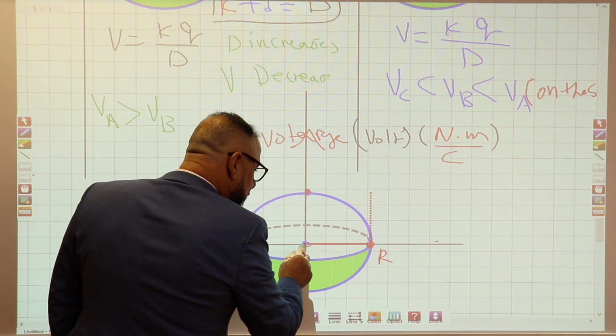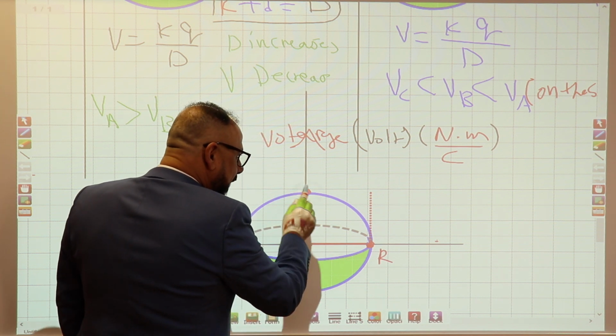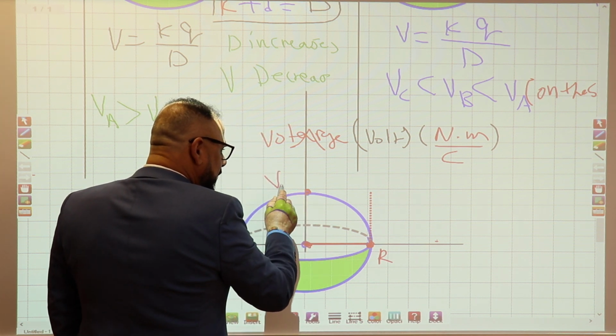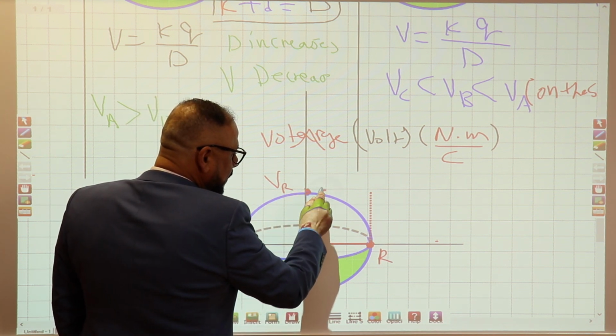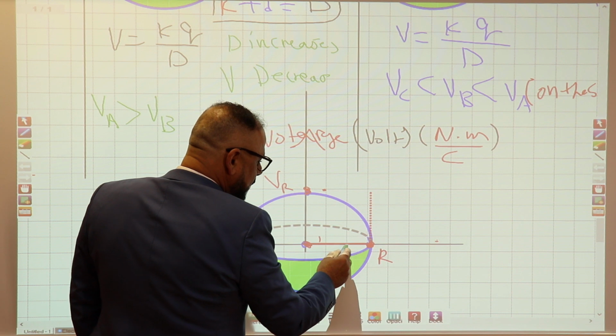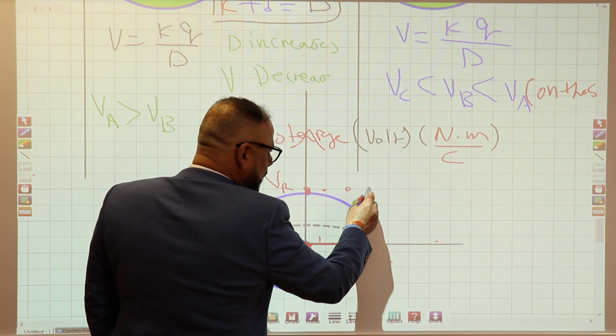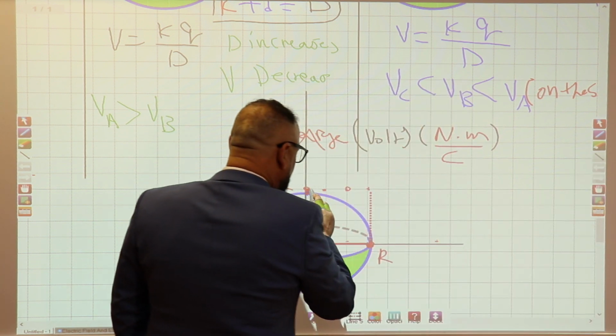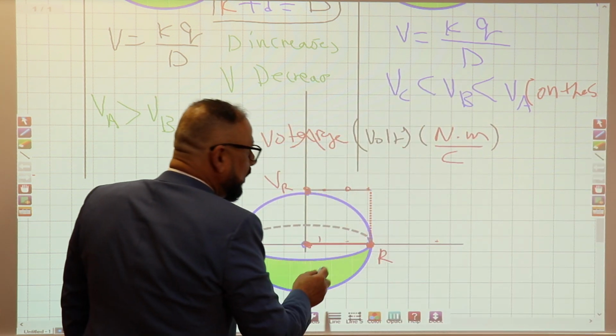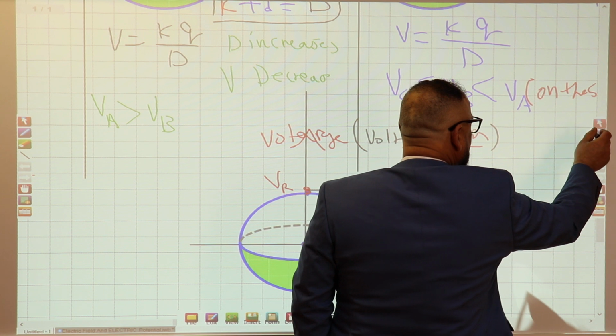From the zero, we have V on the surface, V at R, I'm going to call it. This is the same value, the same value, the same value. Then from here to here, we have a constant value for the voltage, which is this value.